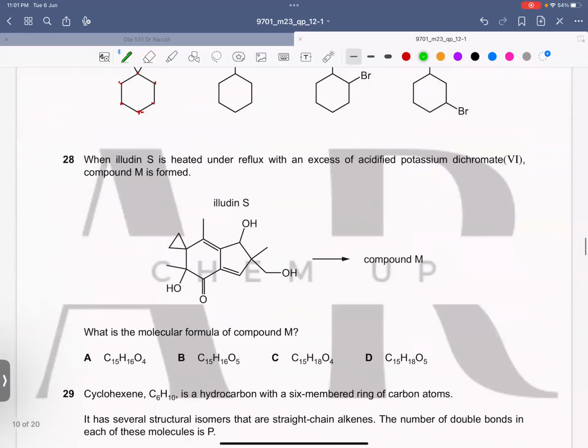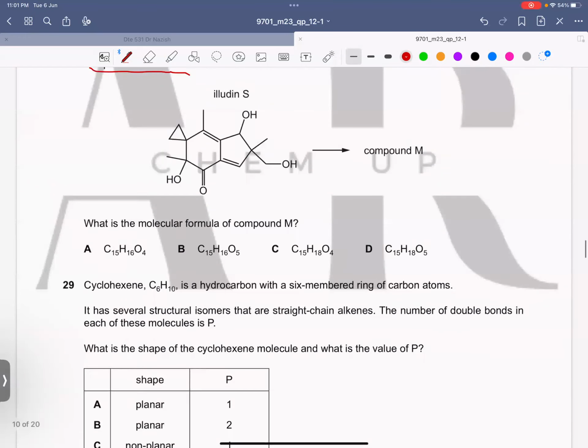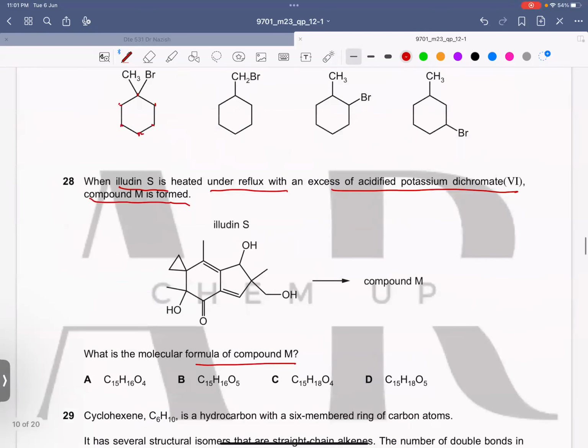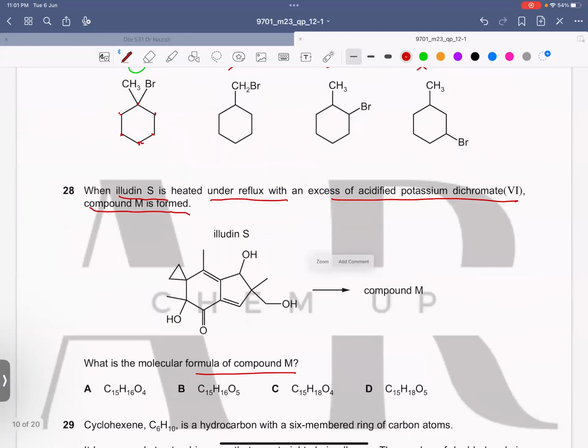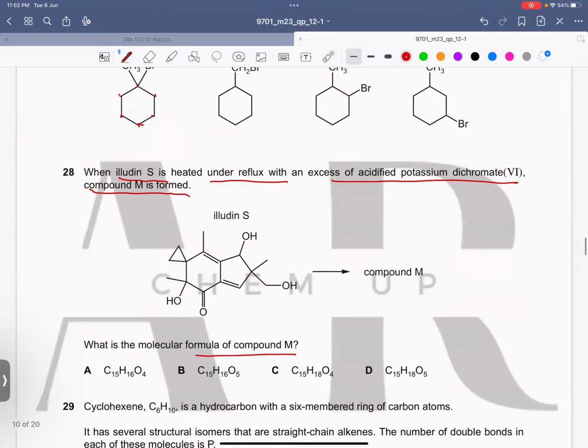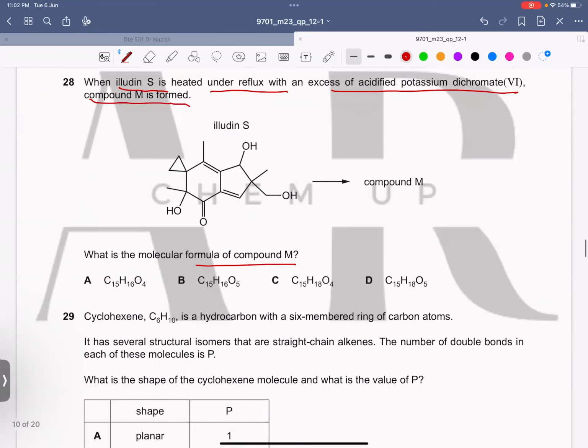Question 28. When illudin S is heated under reflux with an excess of acidified potassium dichromate, compound M is formed. What is the molecular formula of compound M?